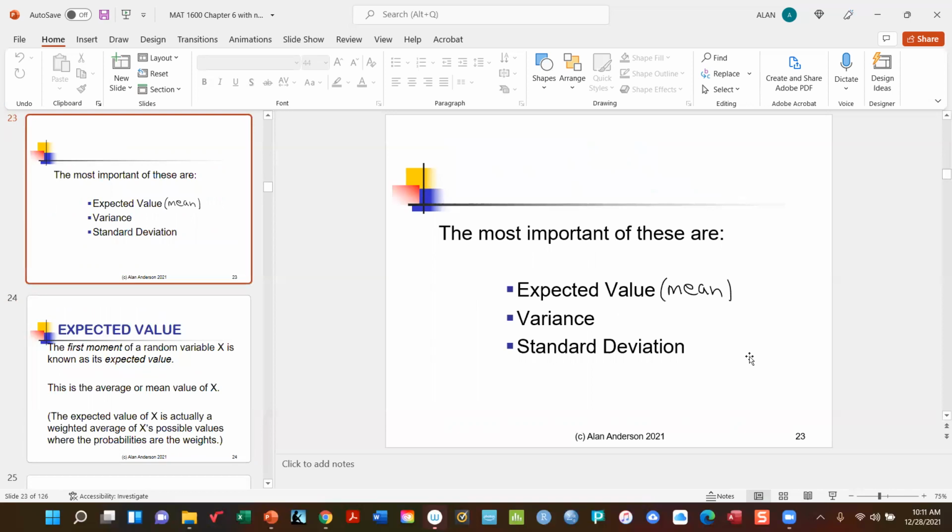Like with samples and populations, these measures are designed to help us understand the properties of a random variable. What's different here is the way they're calculated. Specifically, these formulas include probabilities, whereas we did not see that with samples and populations.